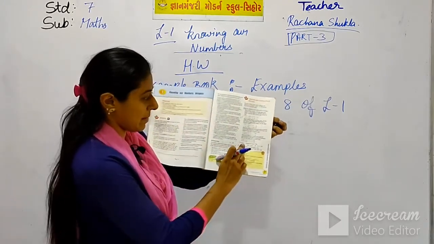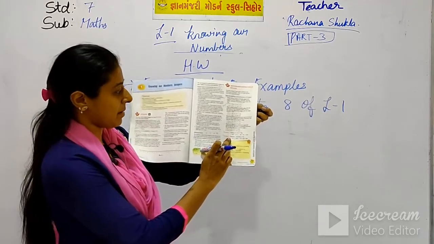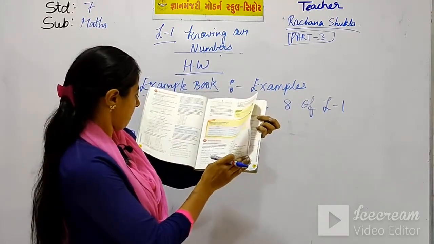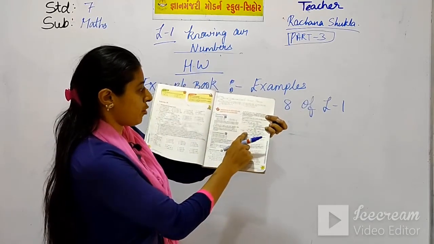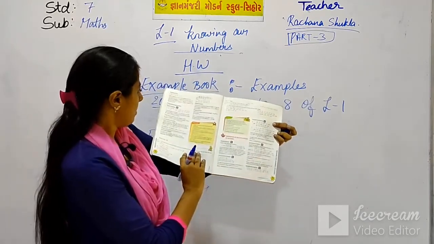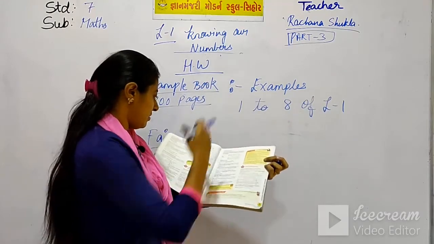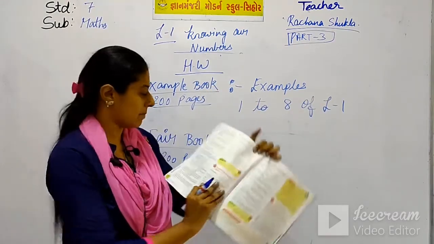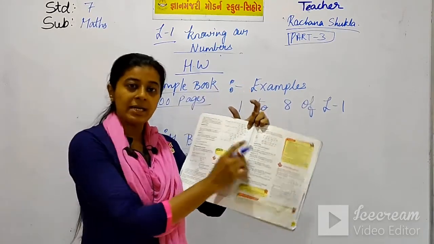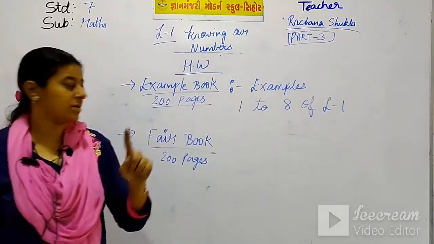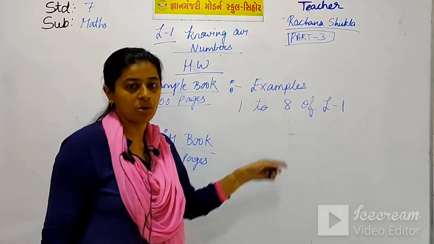See, here it is example 1, then you have example 2, then example 3, example 4, example 5. Then in this video we learned example 6, example 7 and example 8. These all examples you will write in your example book.